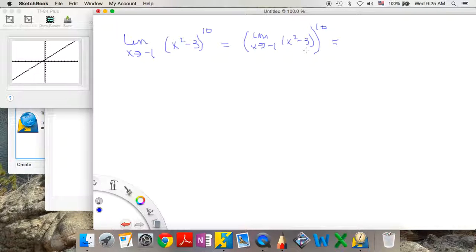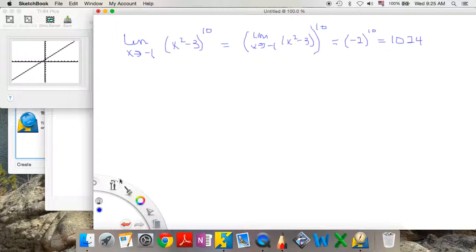Well, here we have a polynomial. It's defined everywhere. So we can easily plug that in. -1 squared is 1, minus 3 is -2. So our answer is going to be -2 to the 10th power, which is just 1024. So that's a power rule.